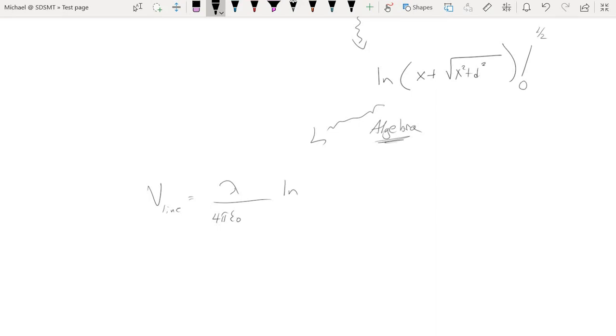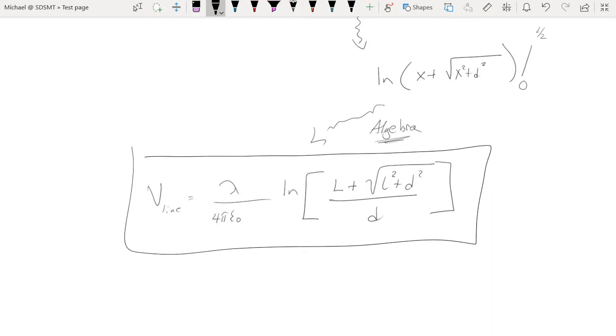So got a 4 back from there. And we have L plus root L squared plus D squared, that's a root term right there, all over D. And that's it. And we are done.